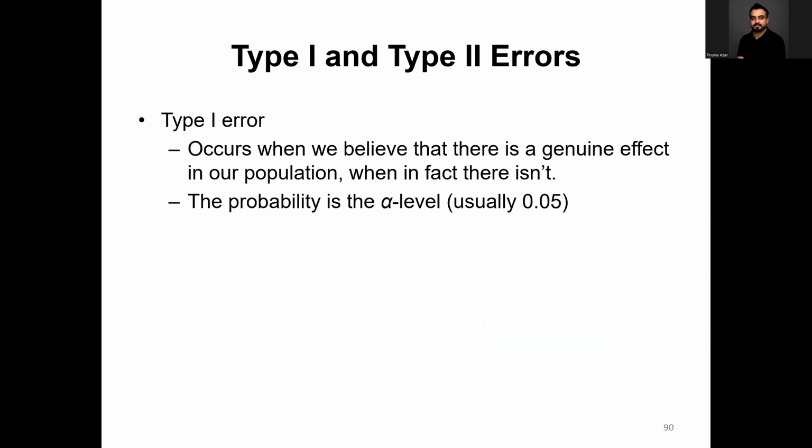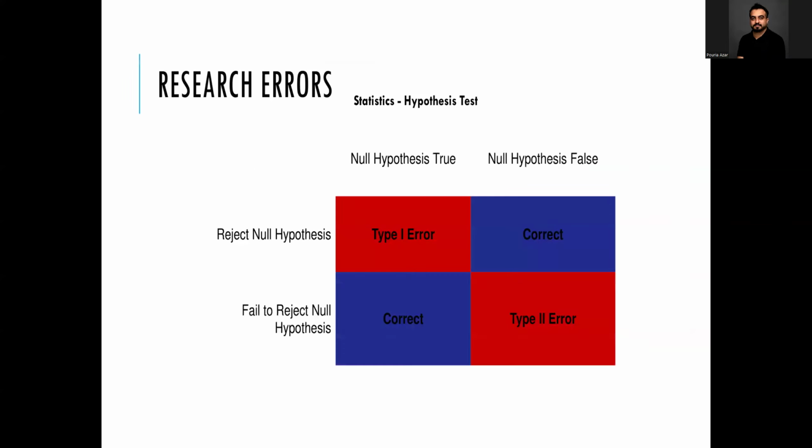Type 1 error and type 2 error are very important. I'm going to talk about this here. So let's say the null hypothesis is true, but we reject the null hypothesis. We commit a type 1 error. It's also called the alpha level. If the null hypothesis is false and we reject it, we are correct.